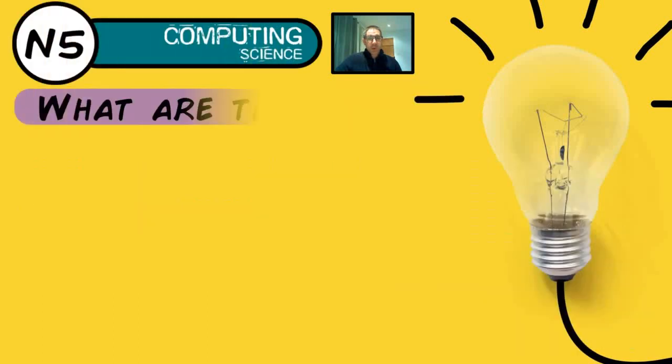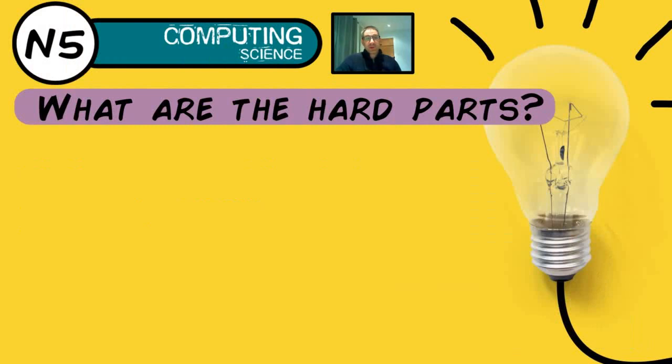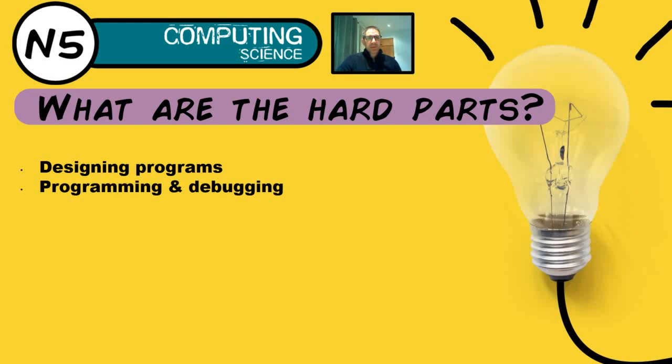So hard parts, what do people say the hard parts are? Well, a couple of bits that people tend to say are the most difficult. Designing programs can be a bit of a challenge, thinking about how you will actually structure a program, what code will go where, and then actually programming it, and something we call debugging.